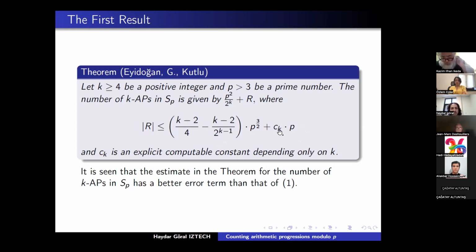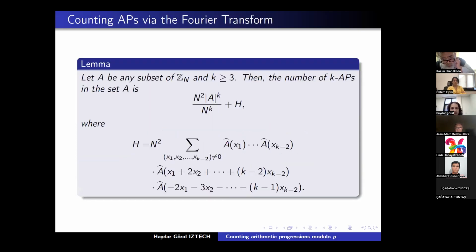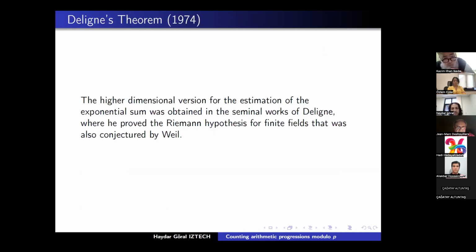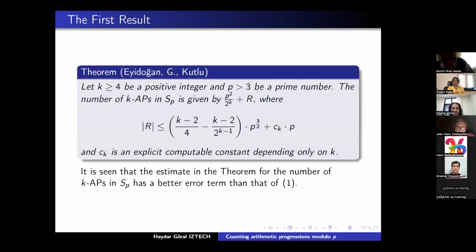It doesn't matter, but at least if you use the literature previously, let me go back there. You see the coefficient of p to the 3 halves is k minus 1. Here, we improved it to k minus 2 over 4.